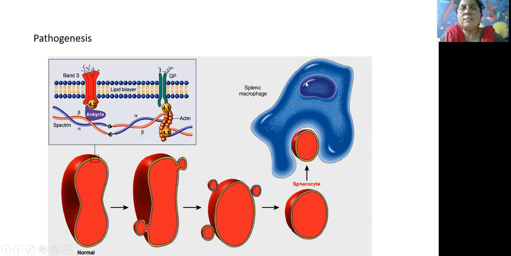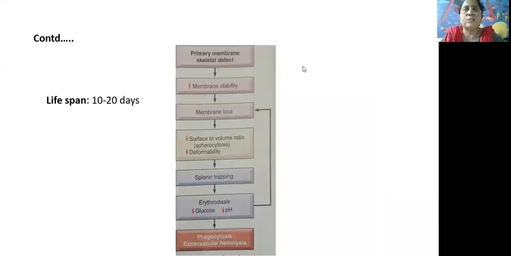So what is this type of hemolysis? Intravascular or extravascular? Extravascular. Yeah, very good. Extravascular. So this is in Robbins.